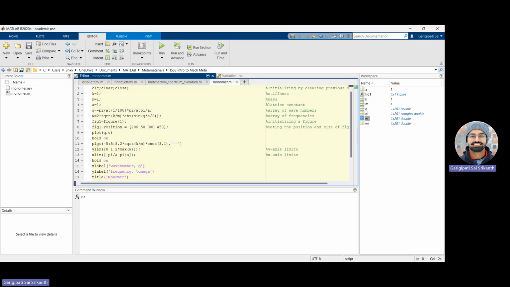And later we can change things related to the figure by saying fig1 dot position. So fig1 is the parent, position is the child property. It's a parent and child relationship wherein fig1 is a larger entity and position is a specific property.